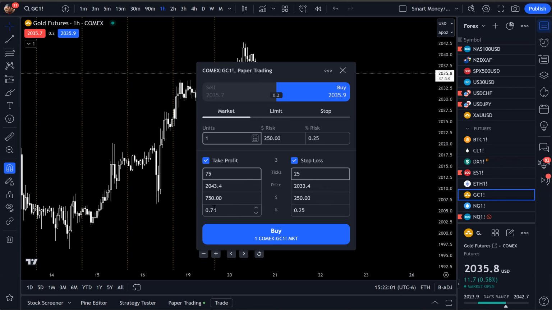It shows the percentage gain on take profit, 0.74, and your percentage of loss on stop loss, 0.25. Here you can see risk, 0.25%, risk $250. Your risk is always how much you stand to lose, and your reward is how much you stand to win. I just wanted to show that to you guys real quick.